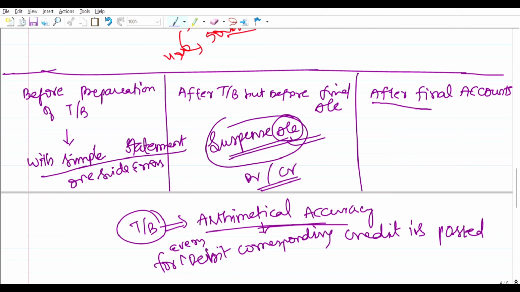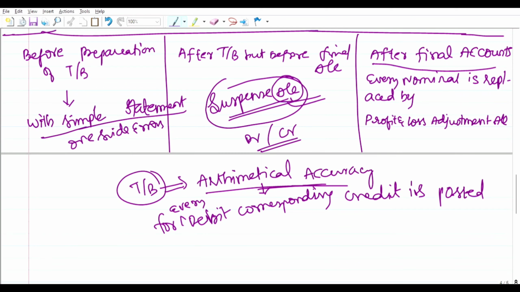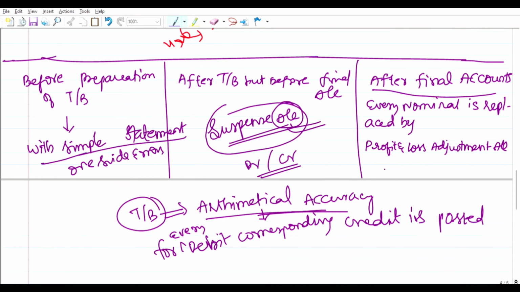But in this case, after preparation of final accounts, every nominal account is replaced by the profit and loss adjustment account. Every nominal is replaced by profit and loss adjustment.